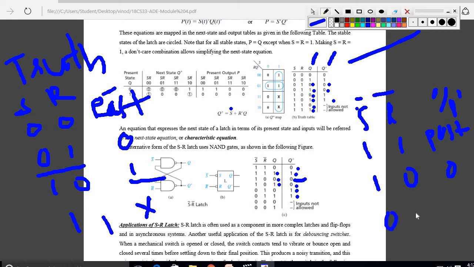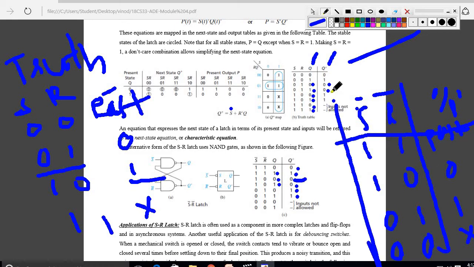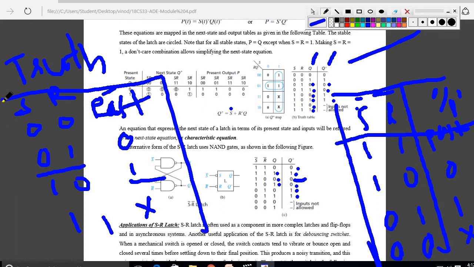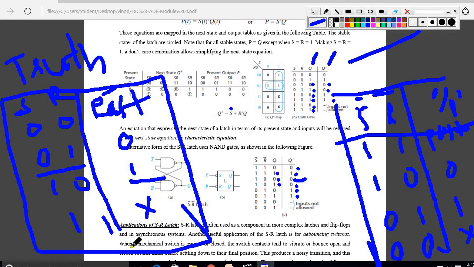If it is 0 1 you will get a set, and if both are 0 0 you will get a don't care term. This is for the S bar R bar latch truth table, and this is for the S and R truth table. You got the idea now how to write the expression.